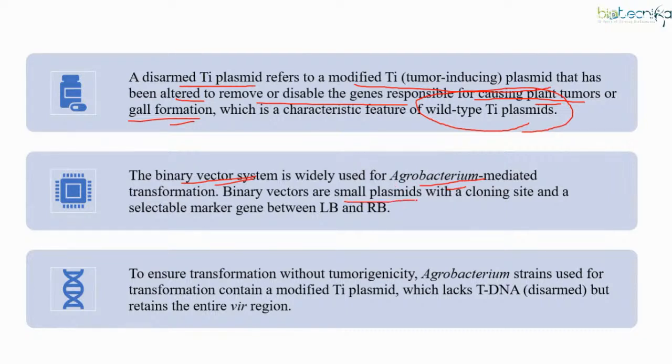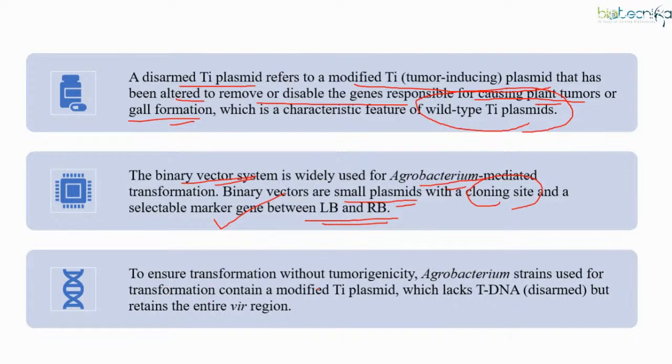These are small plasmids with a cloning site and a selectable marker gene located between the left border and right border. Basically, between the left border and right border, you have the oncogenes, right? The auxin, cytokinin, opines, and so on. But here, you will not find that.